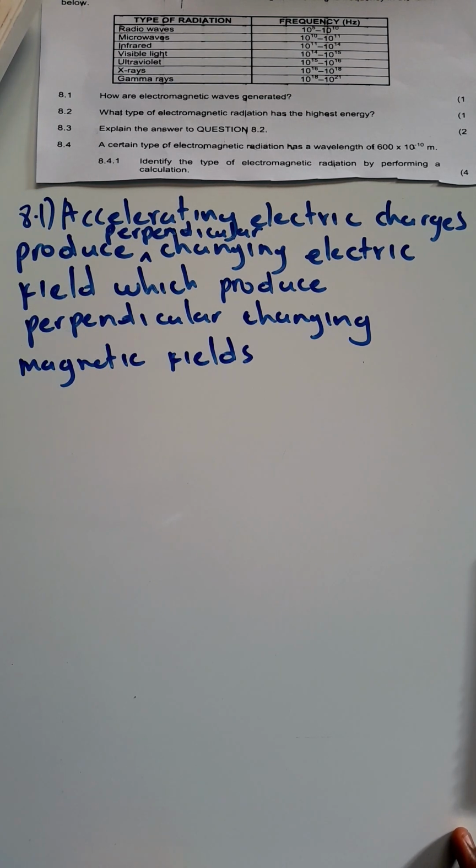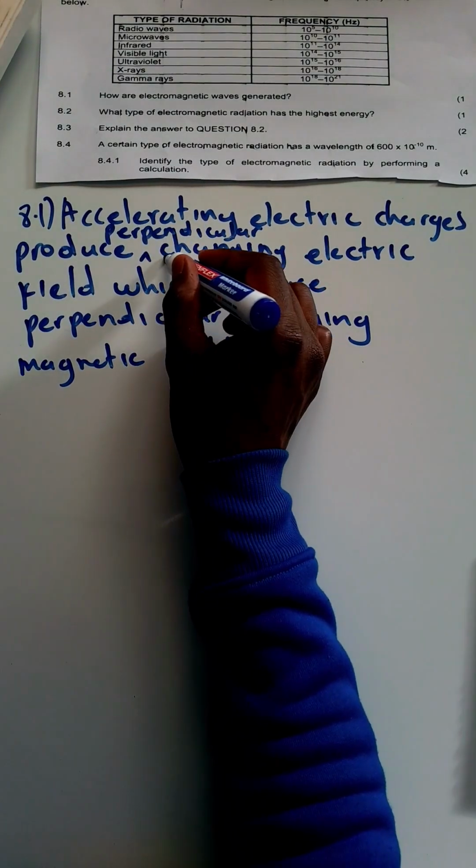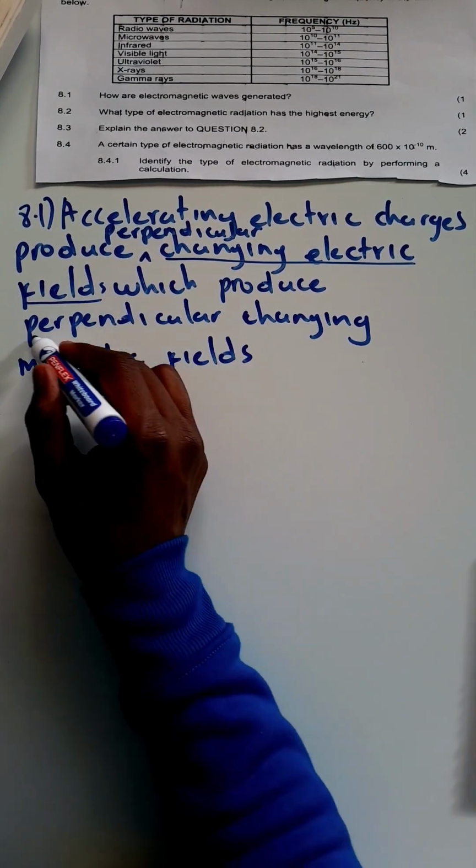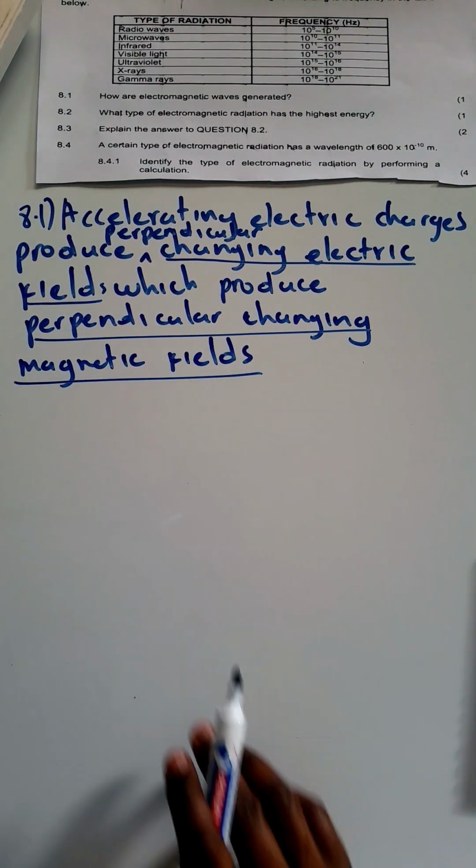So accelerating electric charges produce perpendicular changing electric fields, which produce perpendicular changing magnetic fields.